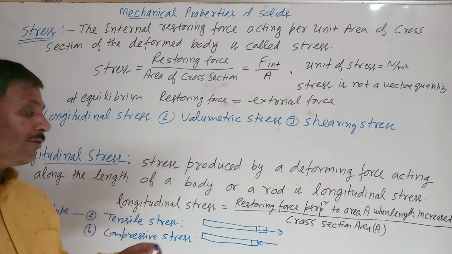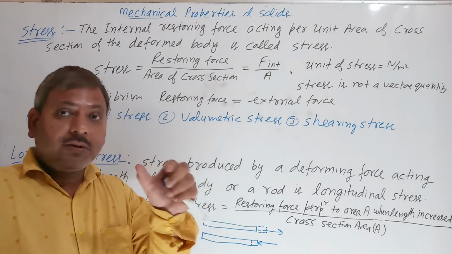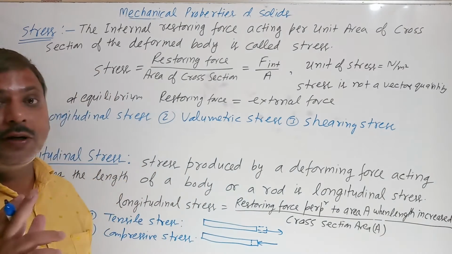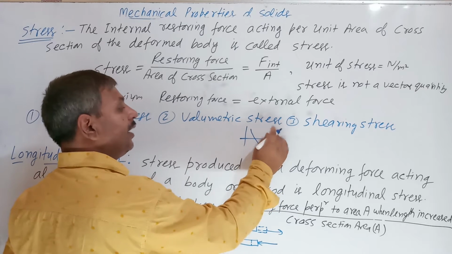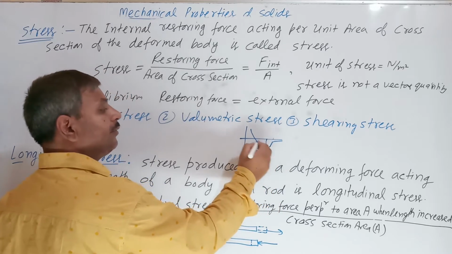In tensile stress, what happens? We apply a deforming force and the intermolecular distance increases. I have told you earlier, like that graph. When there is change in length, what happens?